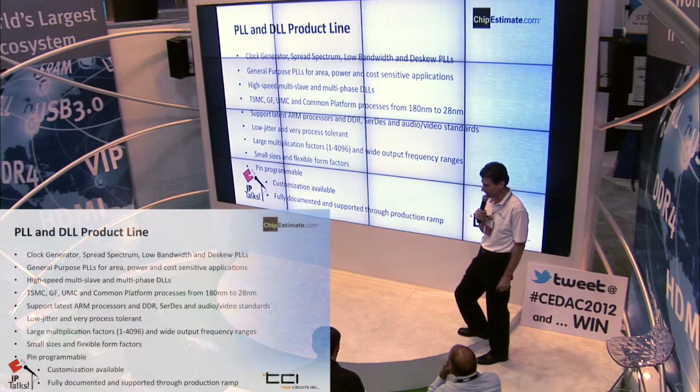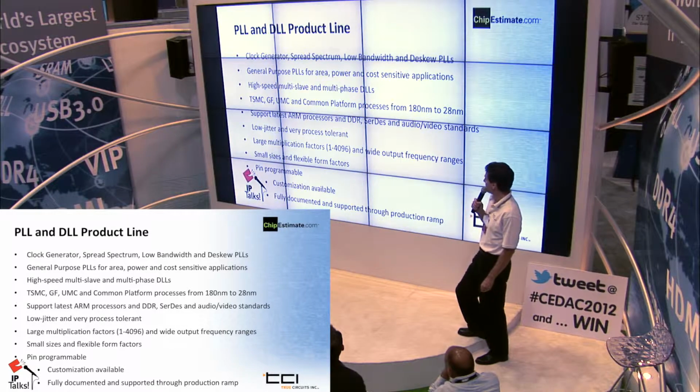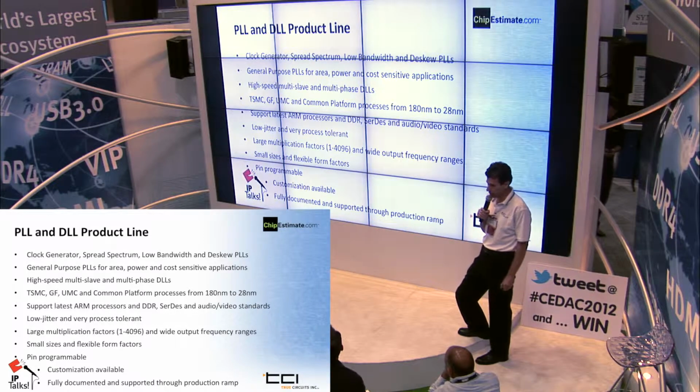Low configuration that you would typically use in DDR applications, as well as a multi-slave DLL that can be used for other clock recovery type applications. And these designs are all available, as I said, in all the major foundries from 180 nanometer to 28 nanometer.